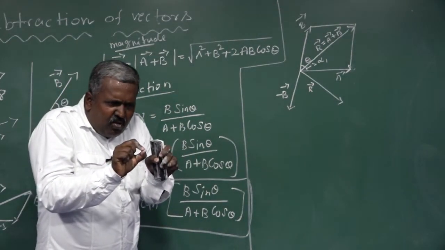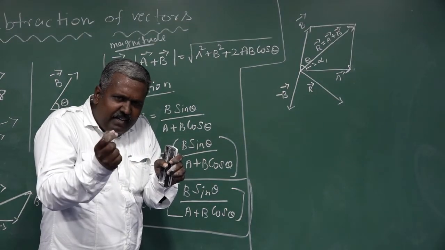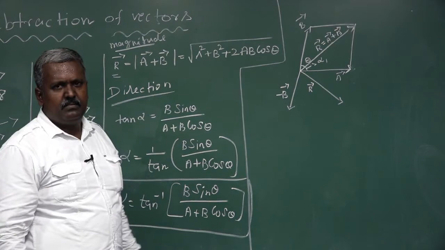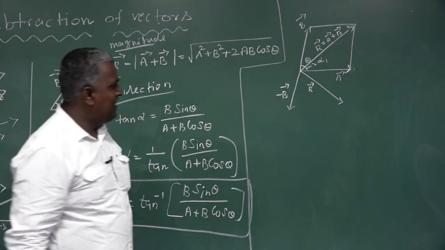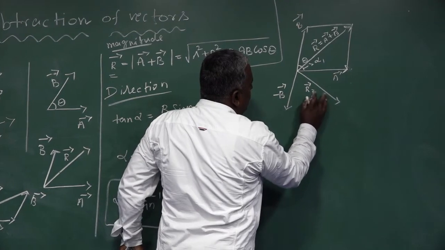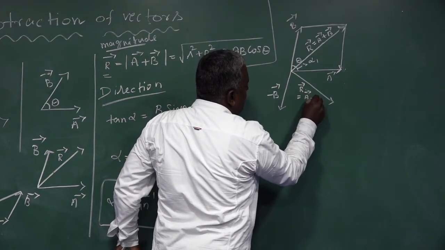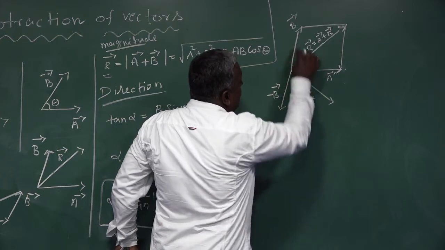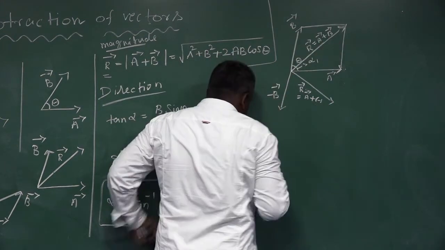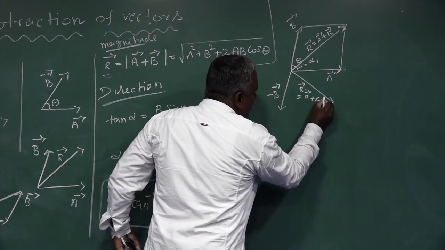There is a small difference between addition of vectors and subtraction of vectors, only plus and minus, that's all. R vector is equal to A vector plus B vector, but here, plus minus B vector.